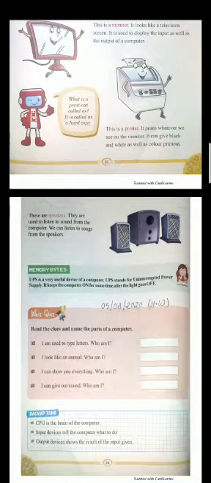UPS is used as the power supply of the computer. When the light goes off, for some period of time it provides electricity to the computer.